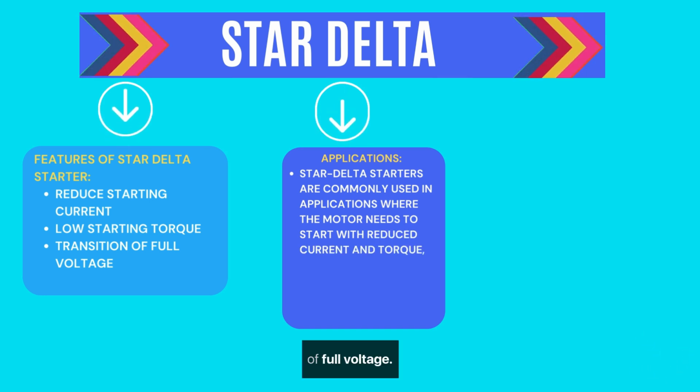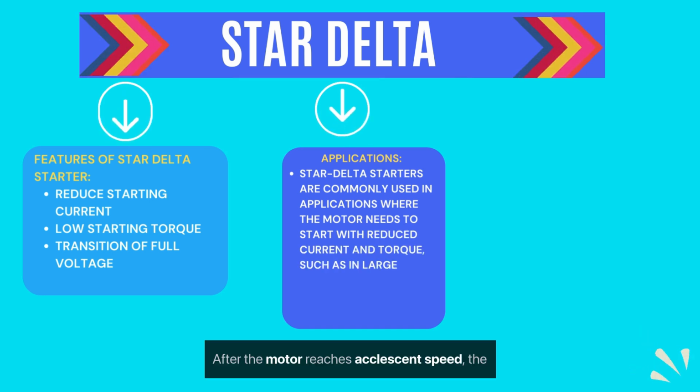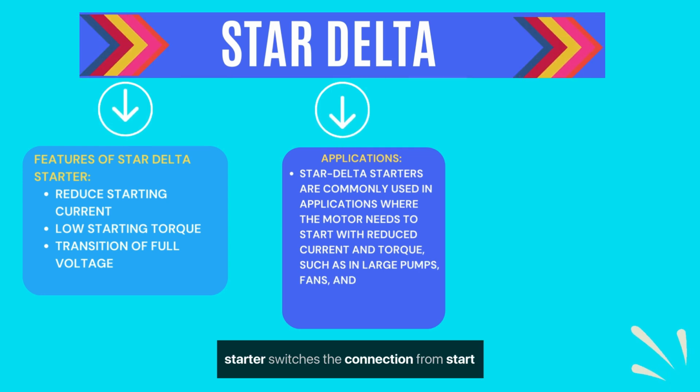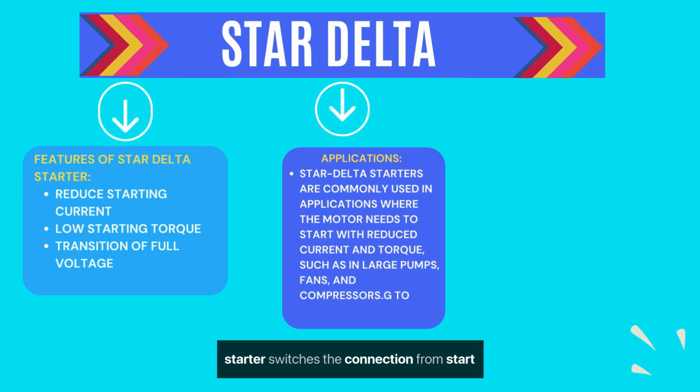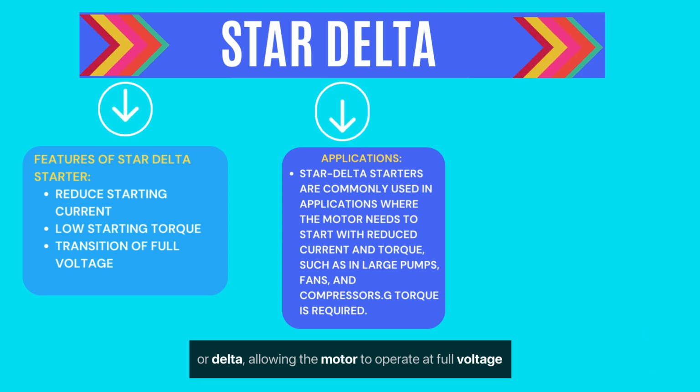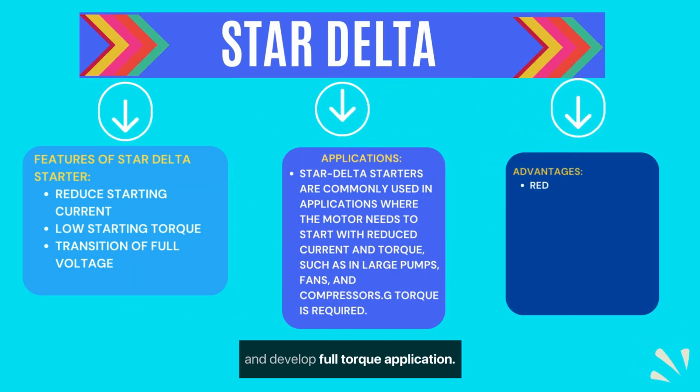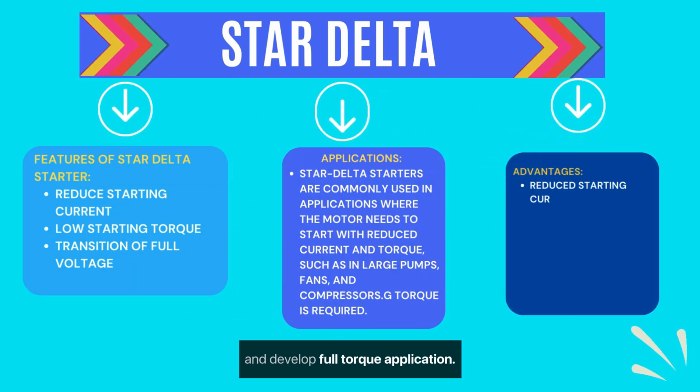Transition to full voltage. After the motor reaches acceleration speed, the starter switches the connection from star to delta, allowing the motor to operate at full voltage and develop full torque. Application.